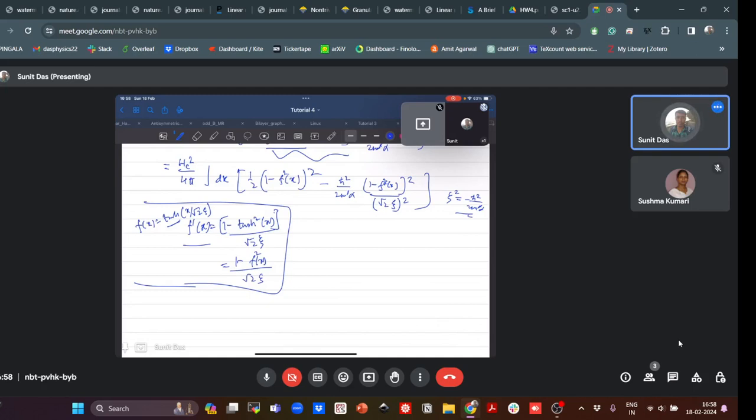So this will be L delta f equal to Hc square by 4 pi dx, half 1 minus f square x whole square, and then plus xi square using this formula, 1 minus f square x whole square by 2 xi square.